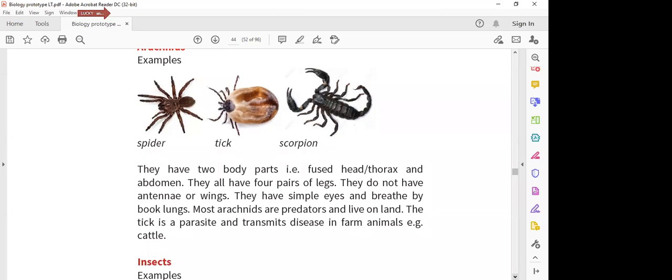If you look at the centipede, two legs per segment. Now, when we came down to the crustacean, you can see how legs keep on differing until we come to the last group, class Insecta.